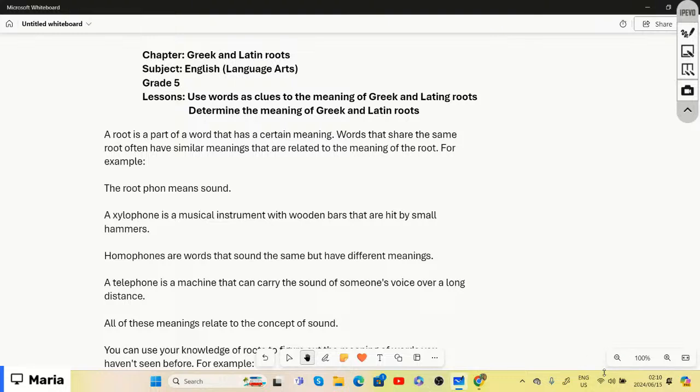All right, so if our root is phone or phon, I think that we're going to use the same example, but then we're going to use different words.